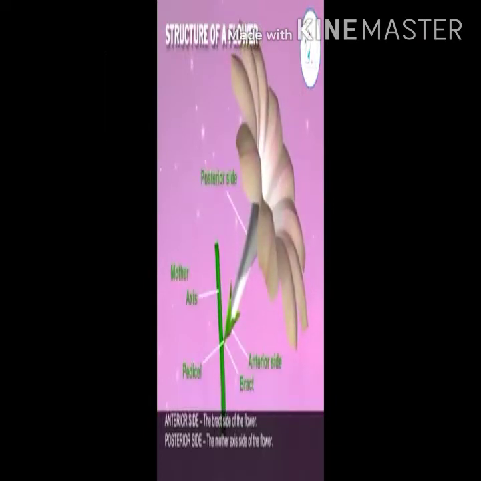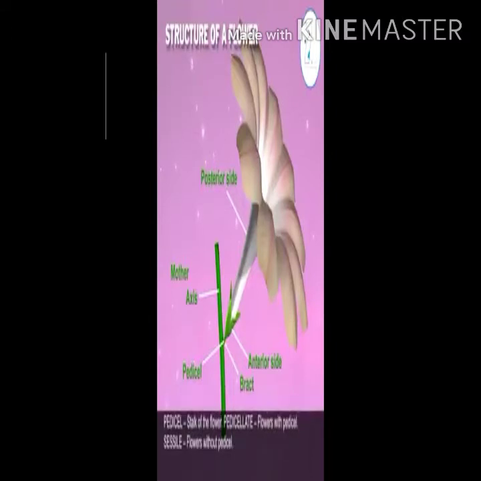Structure of a flower. Anterior side, the bract side of the flower. Posterior side, the mother axis side of the flower. Bract: flowers develop in the axils of specialized leaves called bracts. Bracteate: flowers with bracts. Abracteate: flowers without bracts.